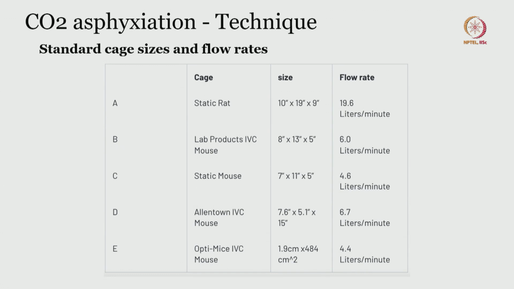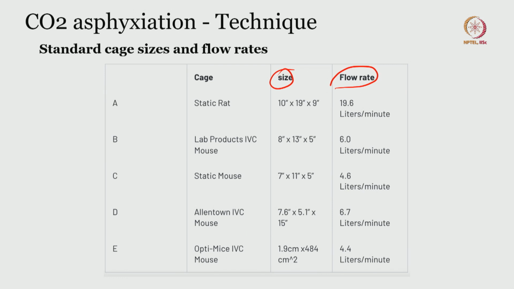So, to ensure that the dosage of carbon dioxide is good, you will have to follow certain principles based on the size of the cage and the flow rate. These two parameters are very important to ensure that the size is appropriate and your flow rate also becomes appropriate to the size of the euthanasia chamber that you are using.